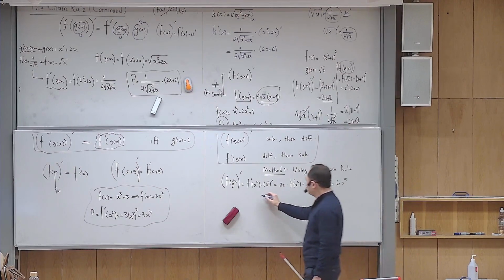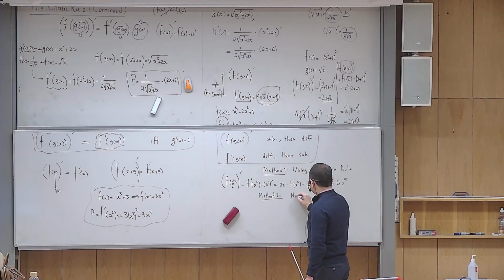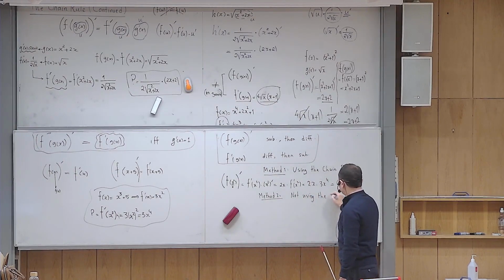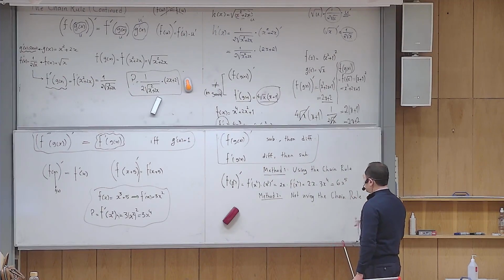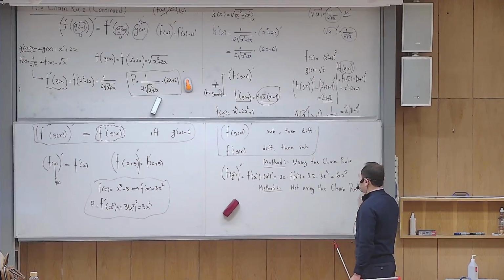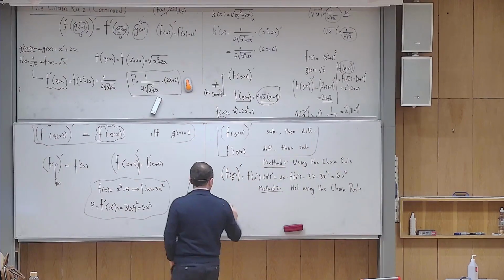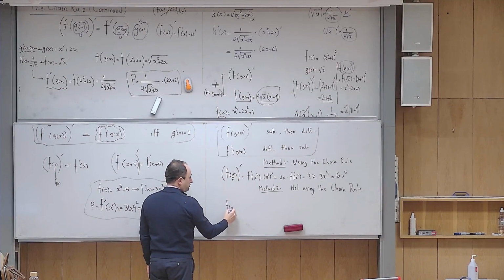Okay, method 2, not using the chain rule. So what should I do here? If I don't want to use the chain rule, can I do that? Yes. But because this symbol means substitute first and then differentiate, first I have to calculate this.